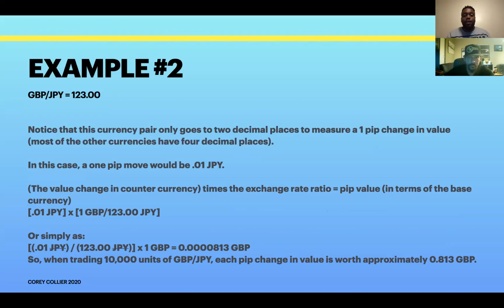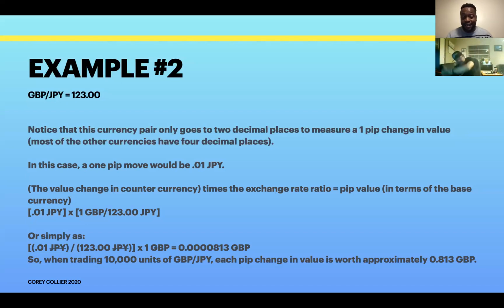Notice that this currency pair only goes to 2 decimal places to measure a 1 pip change in value. Most have 4. In this case, a 1 pip move will be 0.01 JPY, the last decimal spot. It's the same type of equation, guys, as the US CAD, right? You take the 1 pip move in JPY, multiply that by the exchange rate of 123, and then you'll get 0.0000813 British pound.